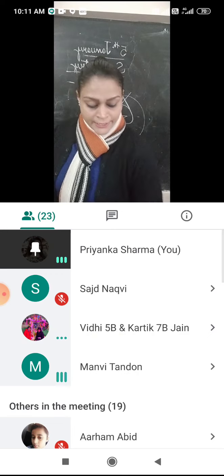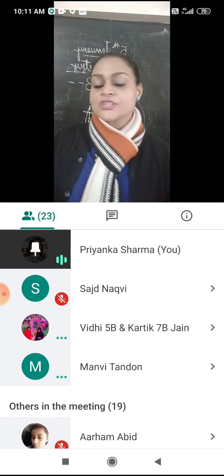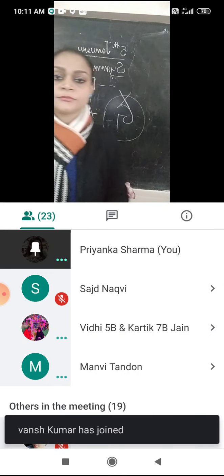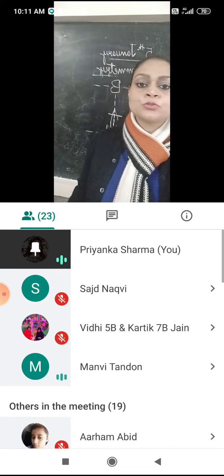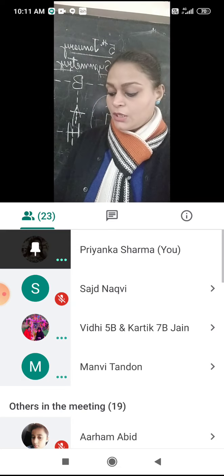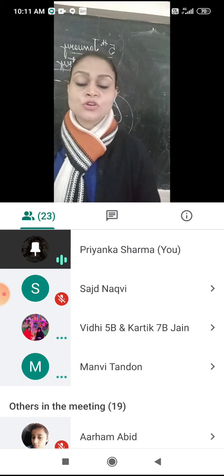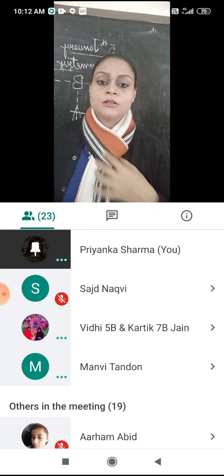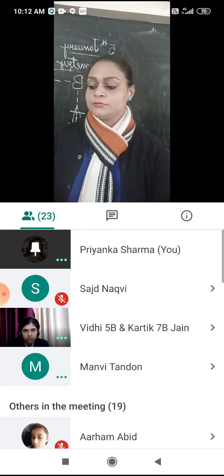Okay? Then come on to page number 227. Now here, give 2 examples of a cube. What are the 2 examples of a cube?